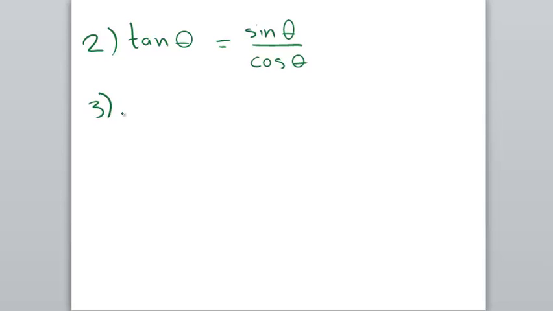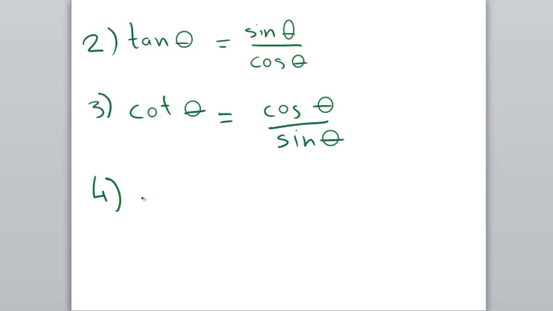Our third is cotangent angle is equal to cosine angle over sine angle. Fourth identity is tangent angle times cotangent angle is equal to 1.